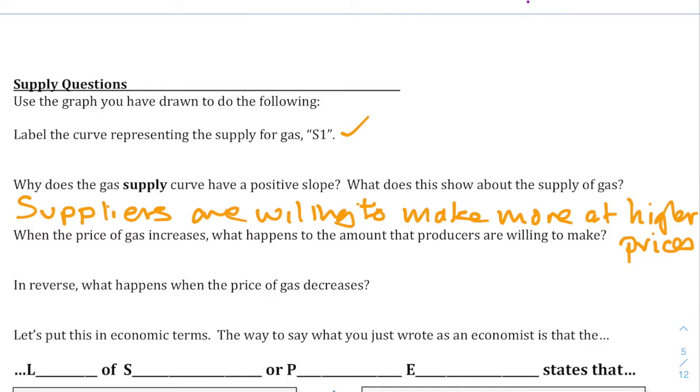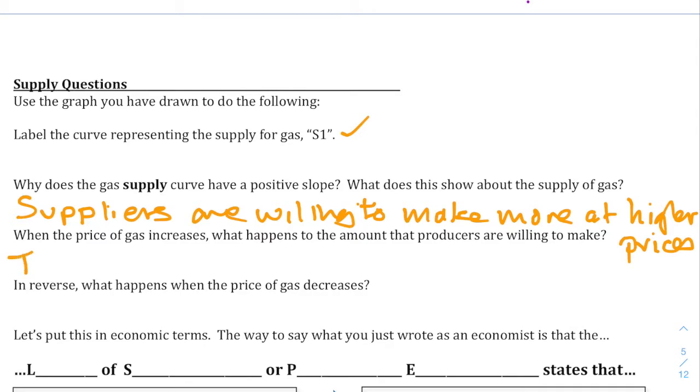True. But all of these things that we're talking about right here have to do with this snapshot mentality: right in this moment, in this instant, what happens is that we will supply less. So when the price of gas increases, what happens to the amount that producers are willing to make?